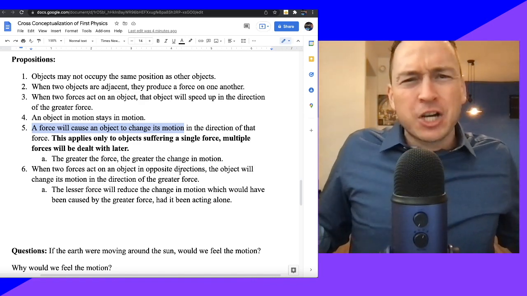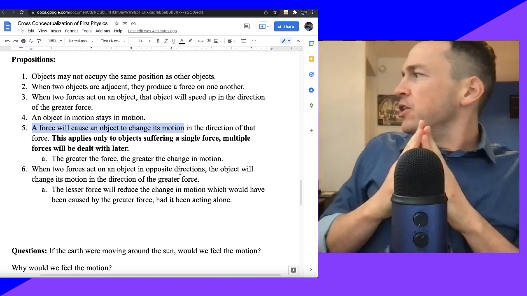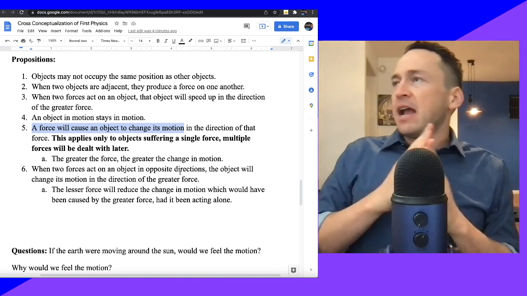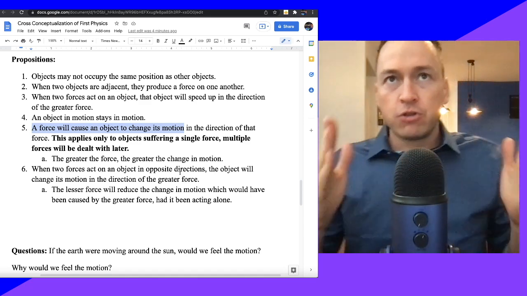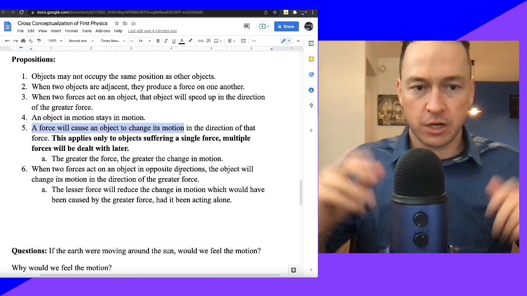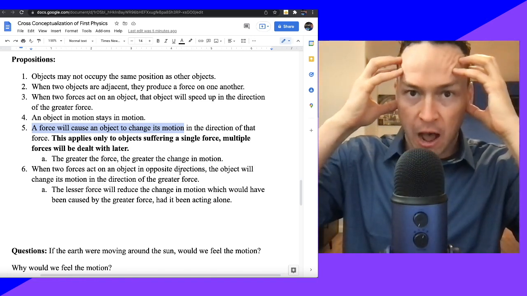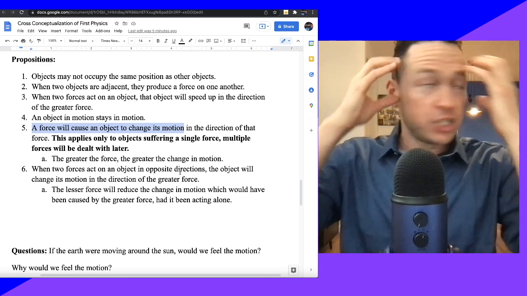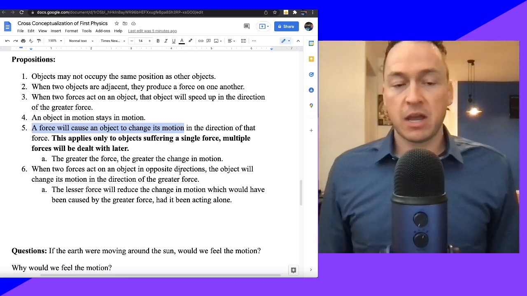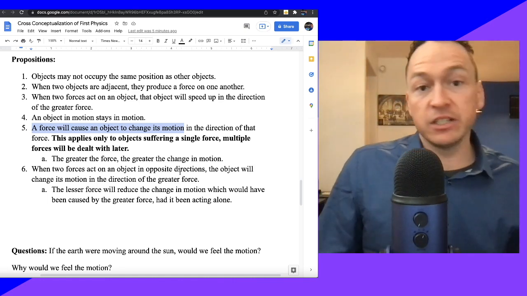Like, Descartes, where the hell did you come up with that stuff? Through thinking in this way, you can discover new things without ever making an additional observation. That being said, you have to have a giant stockpile of observations that you are ready to reason with. So, that's what I'm going to say for cross-conceptualization.